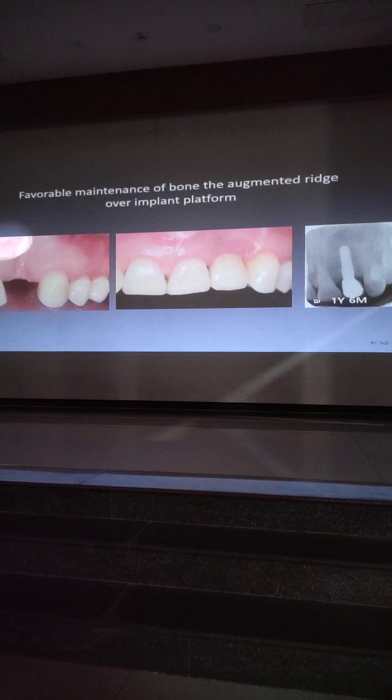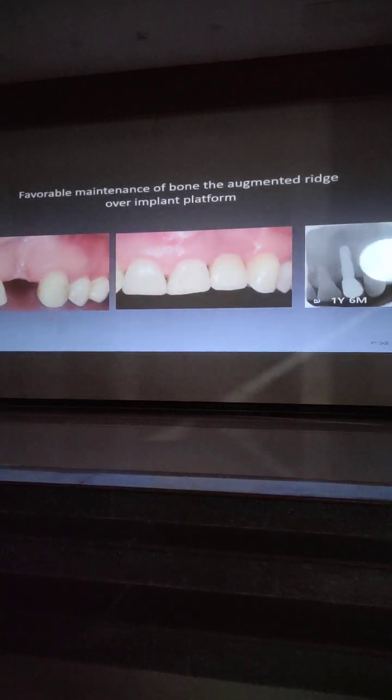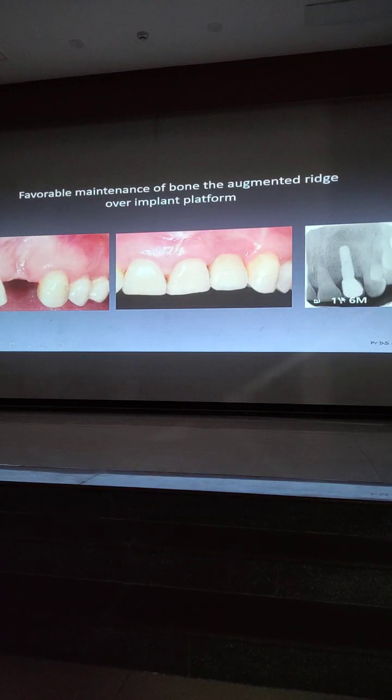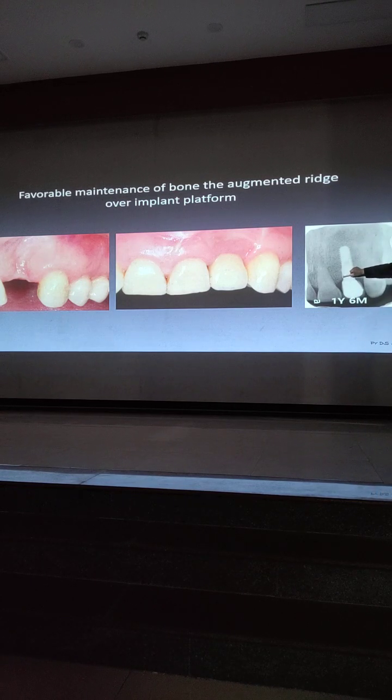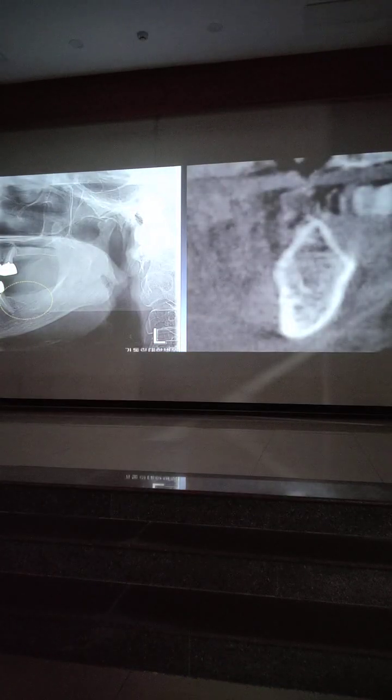And this is before grafting. This is after 1 year, 6 months of healing. You can see the bone over the whole implant platform, so you can get aesthetics over time.